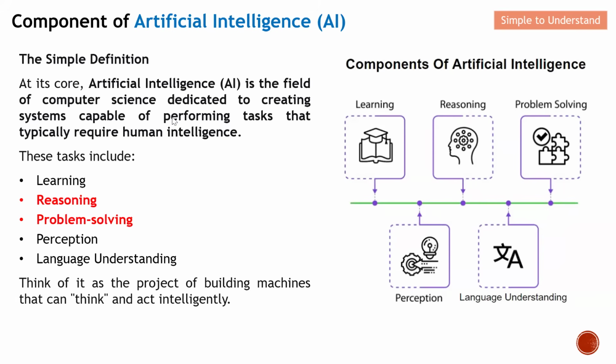Under AI, these are the tasks that may be executed: learning, reasoning, problem solving, perception, and last but not least, language understanding. You can imagine AI as a project of building machines that can think and also act intelligently. Basically, this is a quick definition of AI.